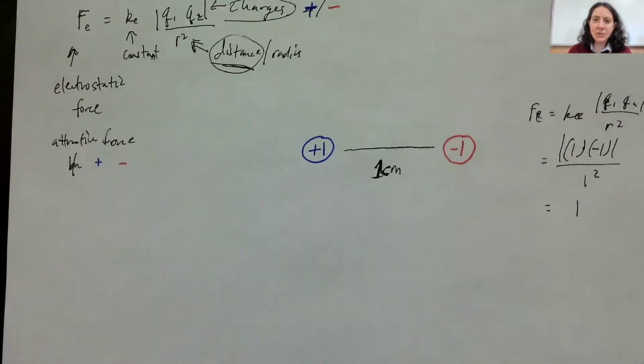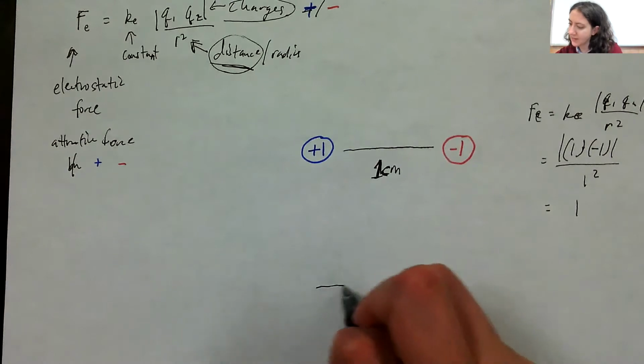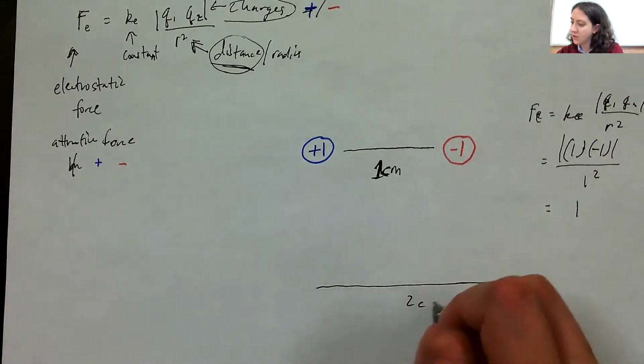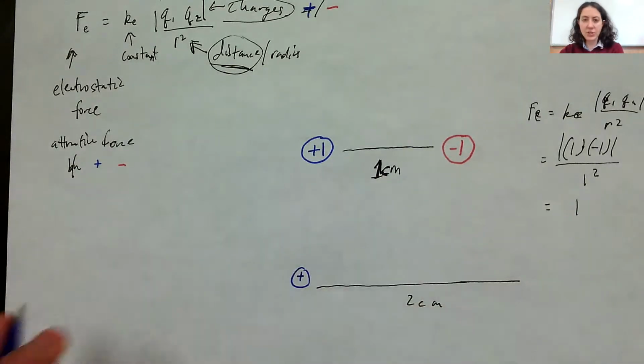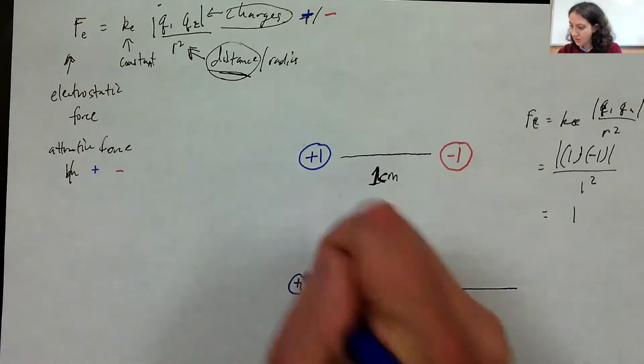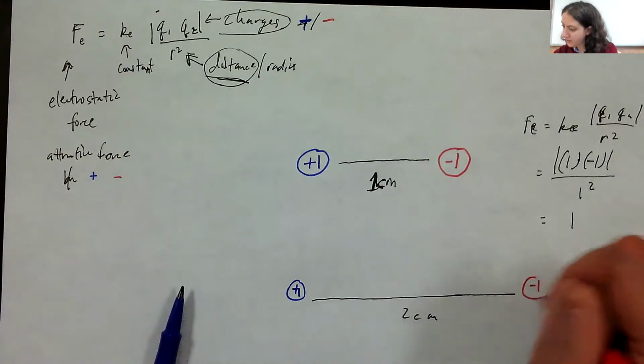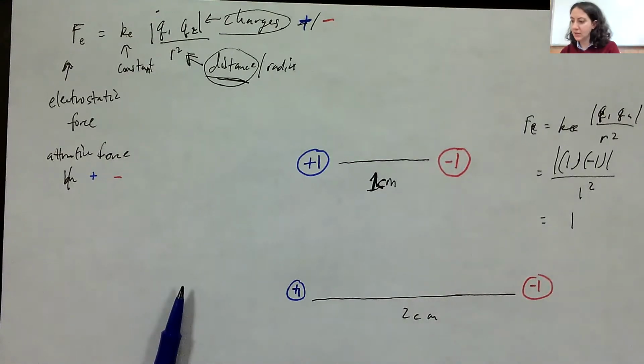So let's test out some of these variables. What would happen if we increase the distance or decrease the distance? Let's increase it. I think that's kind of fun. Let's bump that up to 2. Same particles, just a +1 and a -1 particle. Now we're at 2 centimeters.